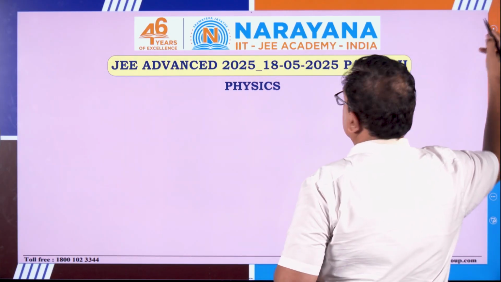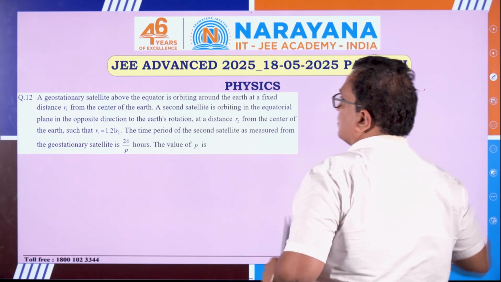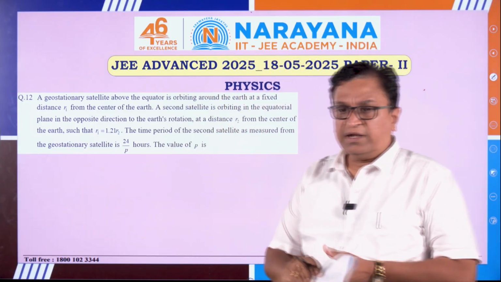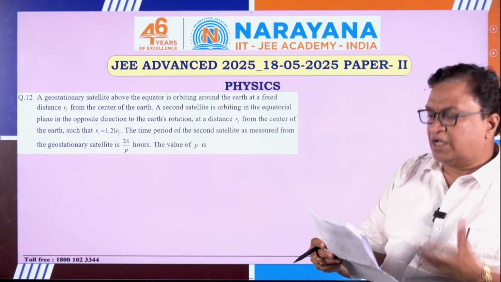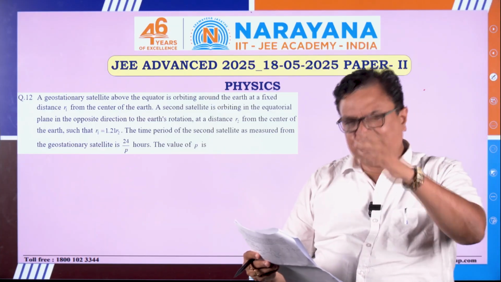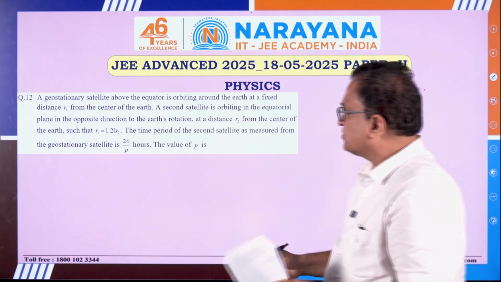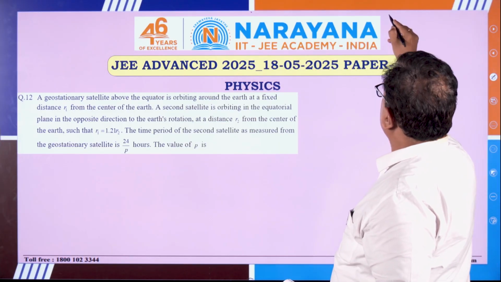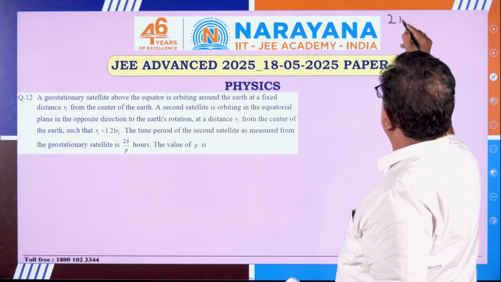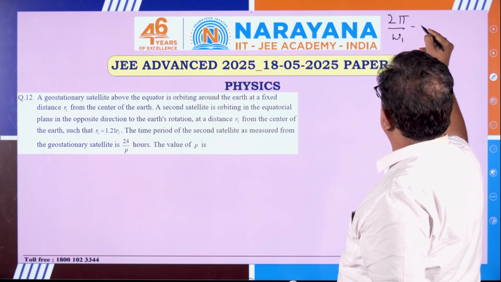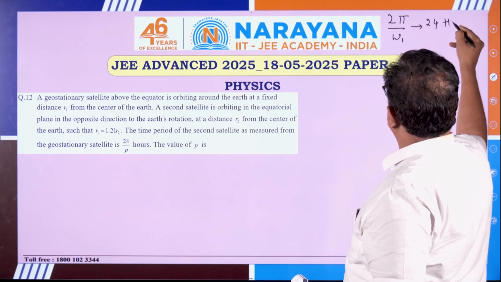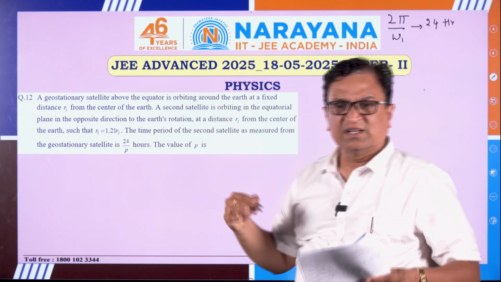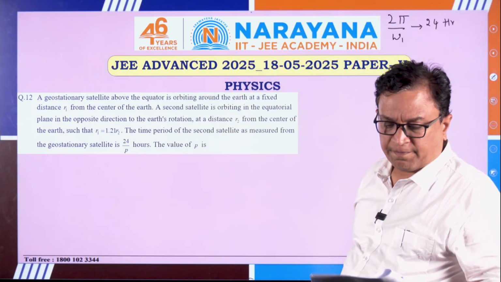We'll move on to the next question. See here, a geostationary satellite is orbiting above the equator. The first one is itself geostationary. So, which means wherever I have 2 pi by omega 1, that is nothing but 24 hours, because the first one is taken as geostationary.